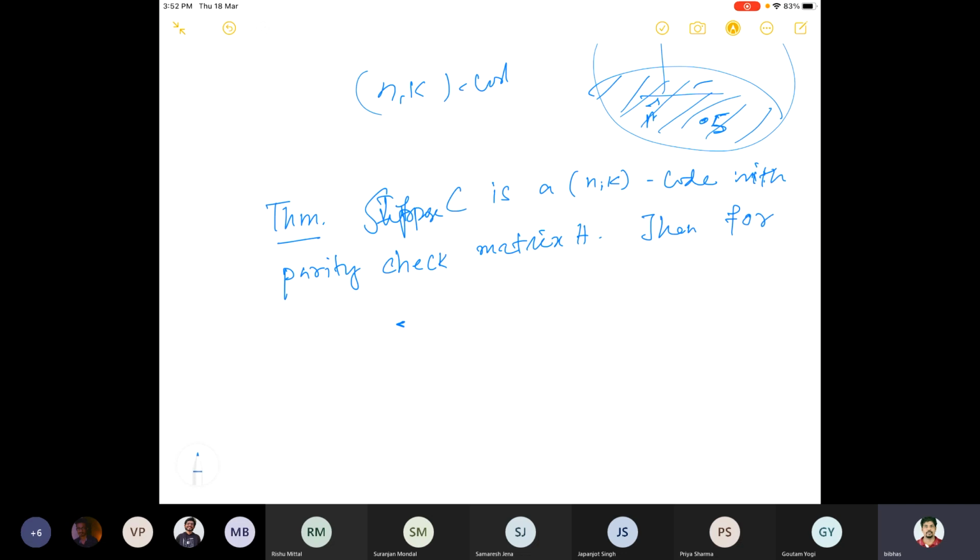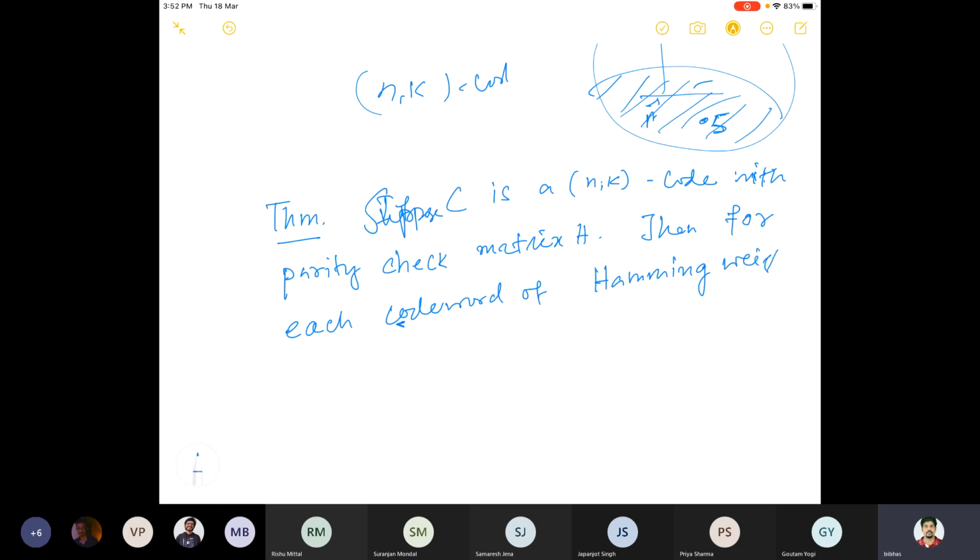Then for each code word of Hamming weight, Hamming weight means the number of bits 1 in the code word.